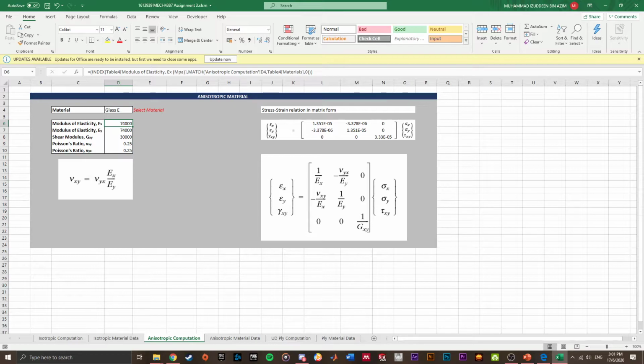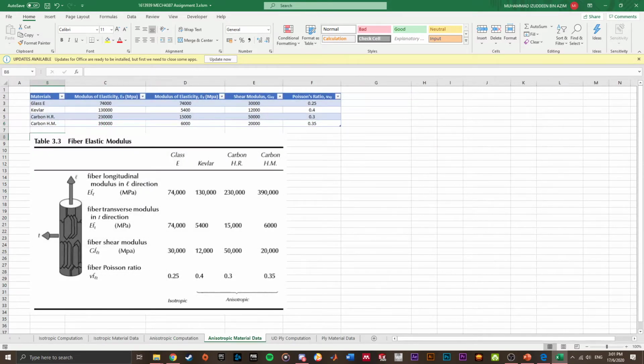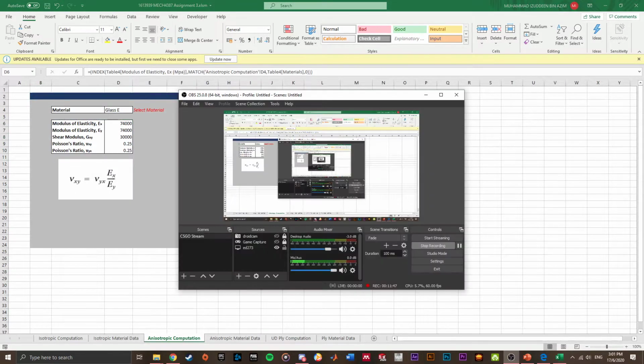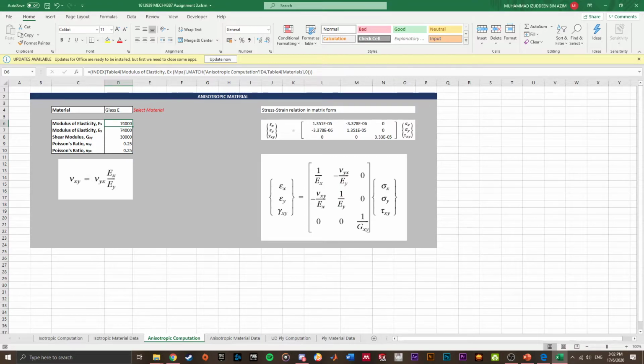In an isotropic, we have a different Poisson ratio actually, because we have a difference in Poisson ratio also, because we have modulus different, different modulus of elasticity in x and y direction.